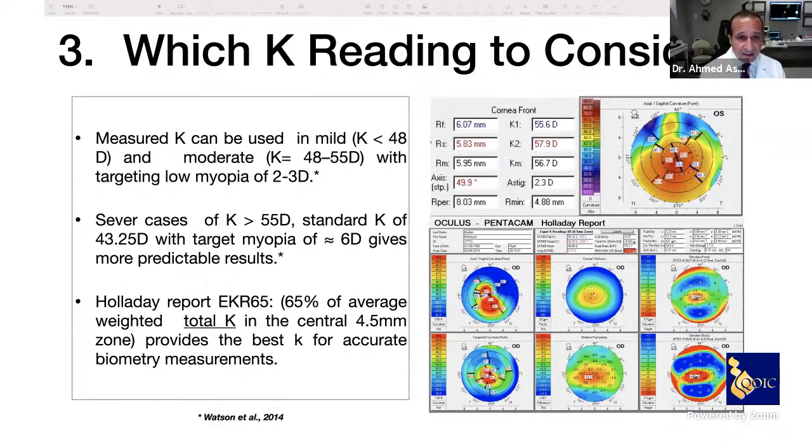So in severe cases, it's better not to use the measured K, but rather to use the standard K readings of 43.25 and target a moderate amount of myopia to get the best results. Of course, if we have the option of the Holladay report, the equivalent K reading 65, which uses 65% of the average weighted total K in the center at 4.5 millimeter, it provides the best or more accurate results compared to the other formulas.